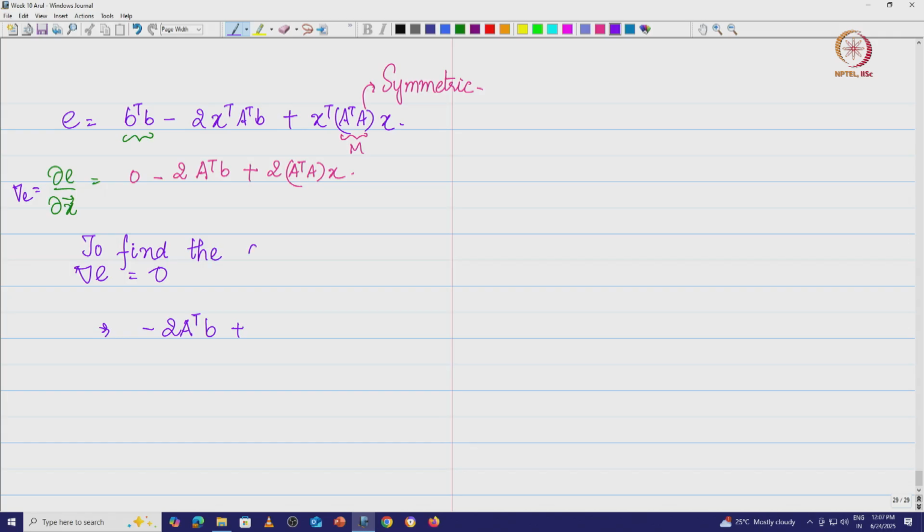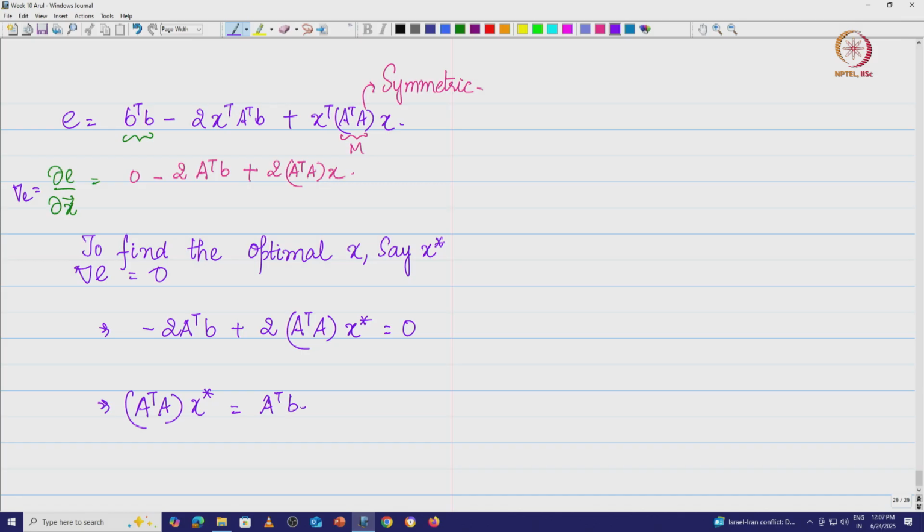To find the optimal x star, we equate the gradient of E equal to 0. So I have minus 2 A transpose b plus 2 times A transpose A x star is equal to 0, which implies A transpose A times x star is equal to A transpose b.